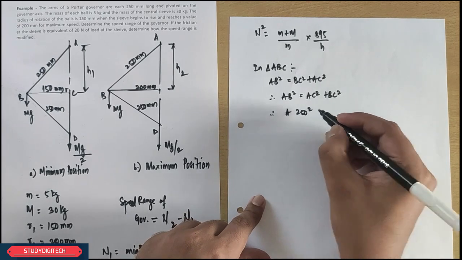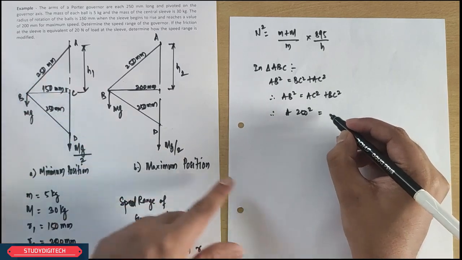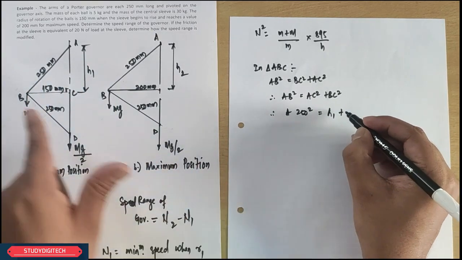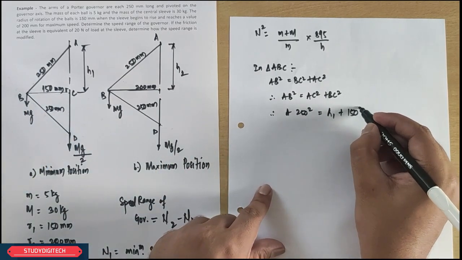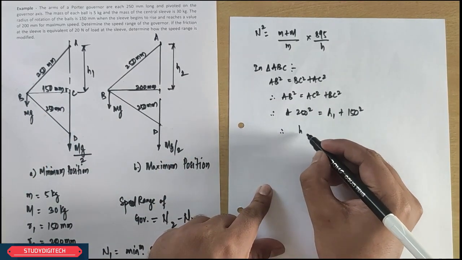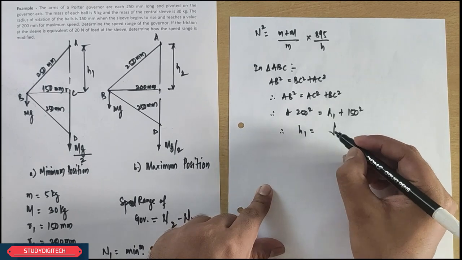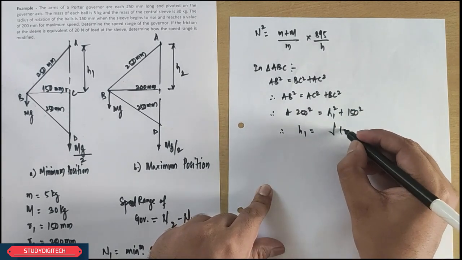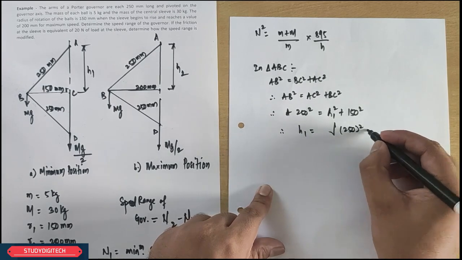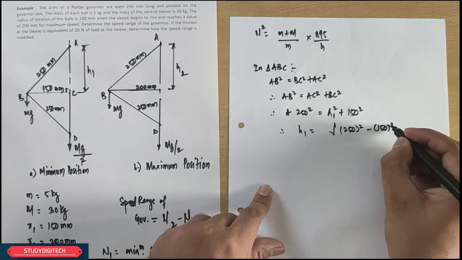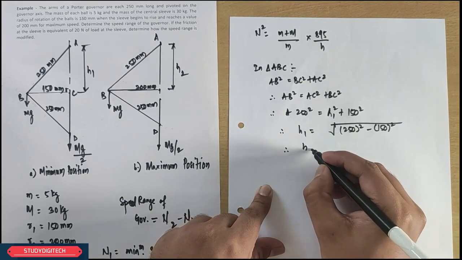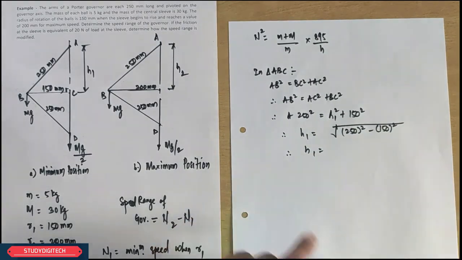So 250 square is equal to AC, which is unknown, we represent it as h1, square plus BC, 150 square. So h1 will be under root 250 square minus 150 square.